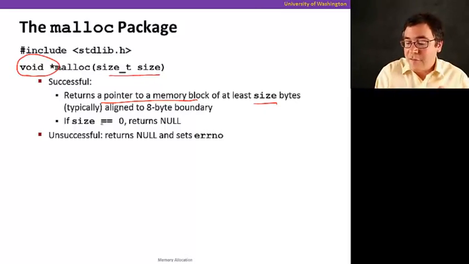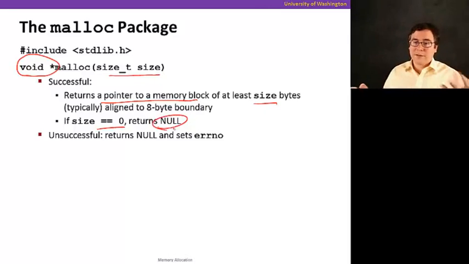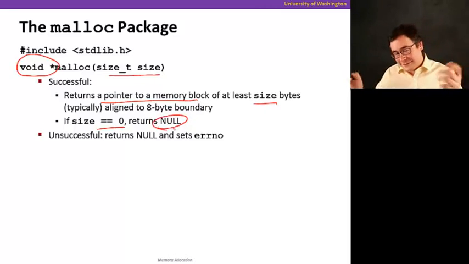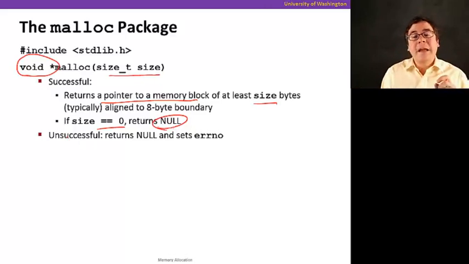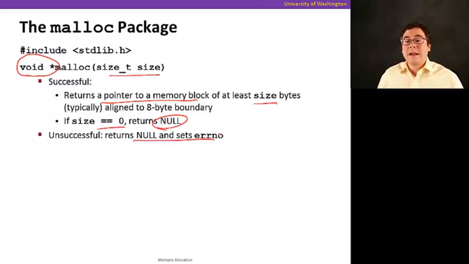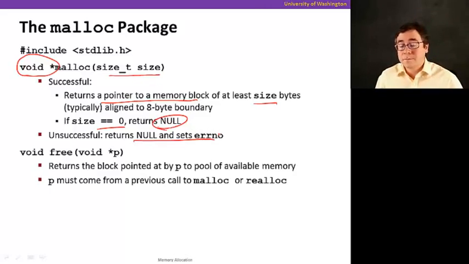If the size is equal to 0, it returns NULL, because why allocate if the size is 0? And if malloc cannot find enough free memory to allocate the requested block, it returns NULL and sets an error number, so you know why that happened.